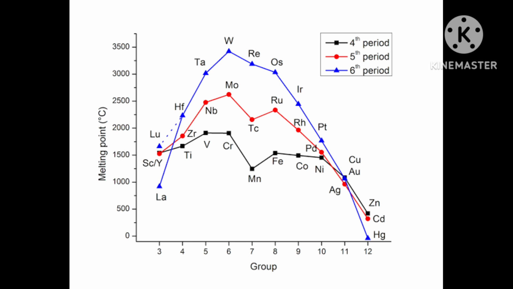That time higher energy, more energy will be required. The concept is here also the same. Okay. Now I will tell a little more. Due to an increase in nuclear charge, which accompanies the filling of the inner d orbitals, there is an increase in ionization enthalpy along each series of the transition elements from left to right. This is very important.